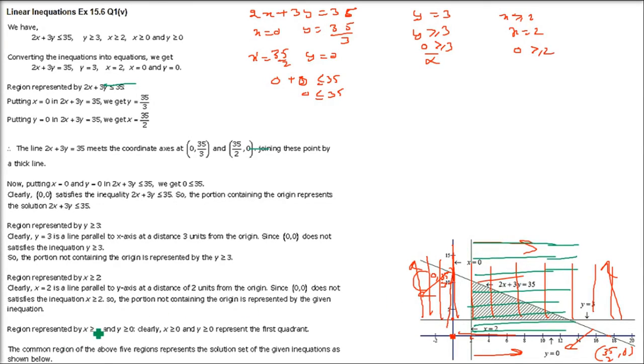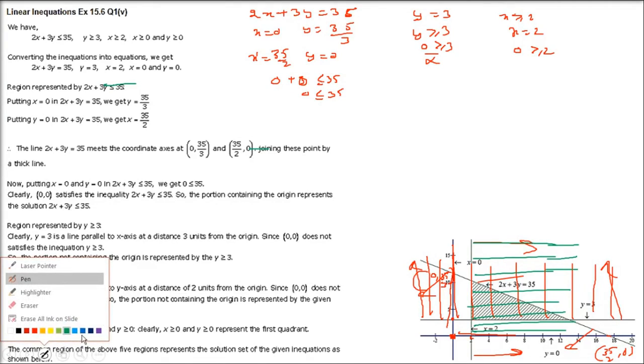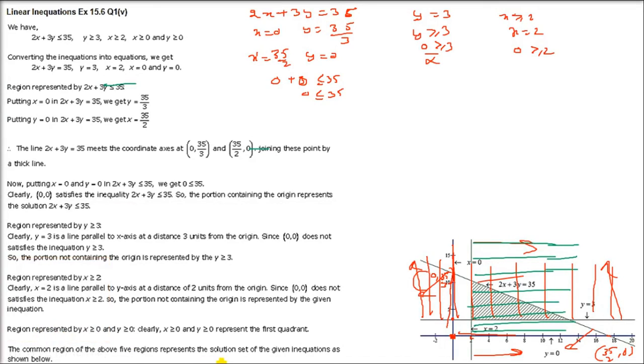Now let us go to the third one. Wherever you see these three colors common, that is the solution. So this is the third one. This is below 2x plus 3y. So which is the portion?